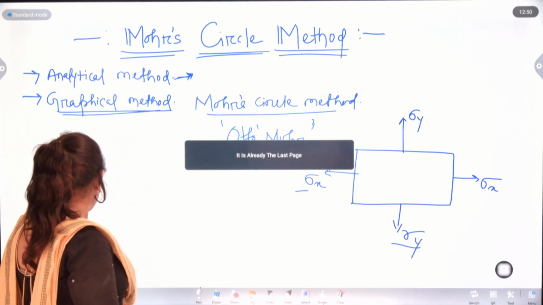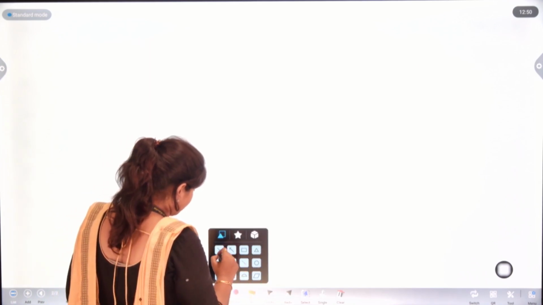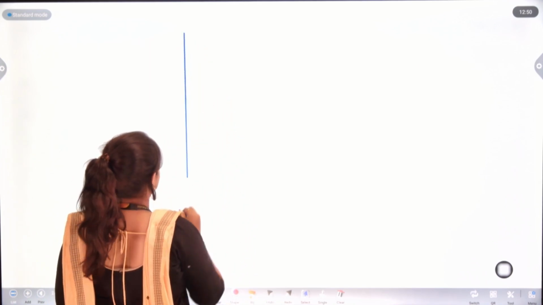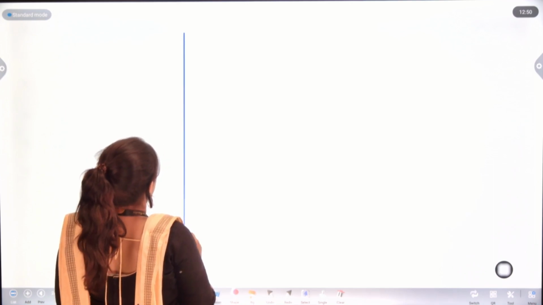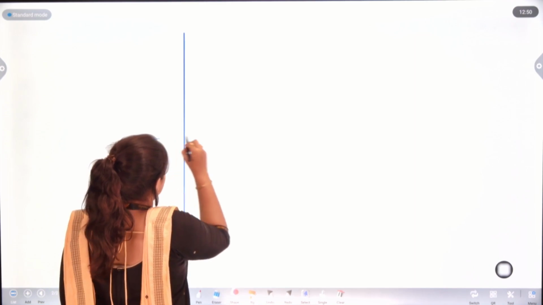In the graphical representation, first we need to draw one x axis and one y axis.